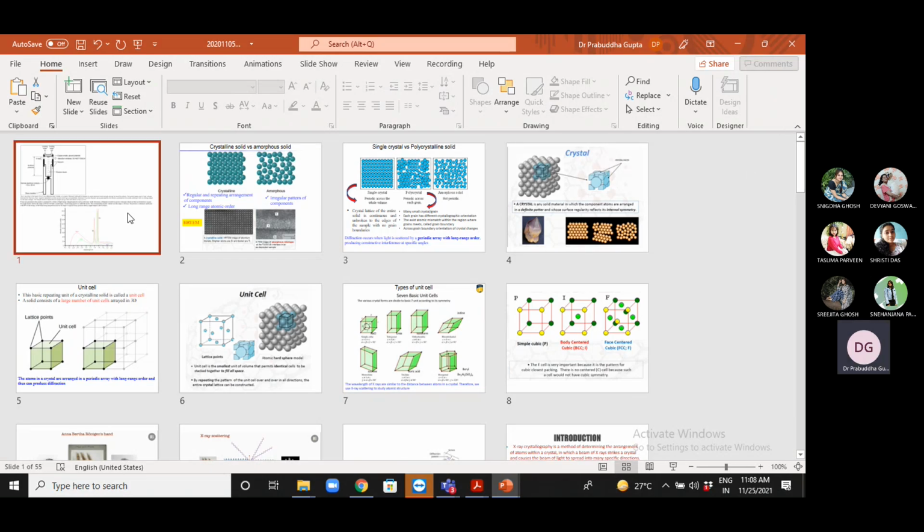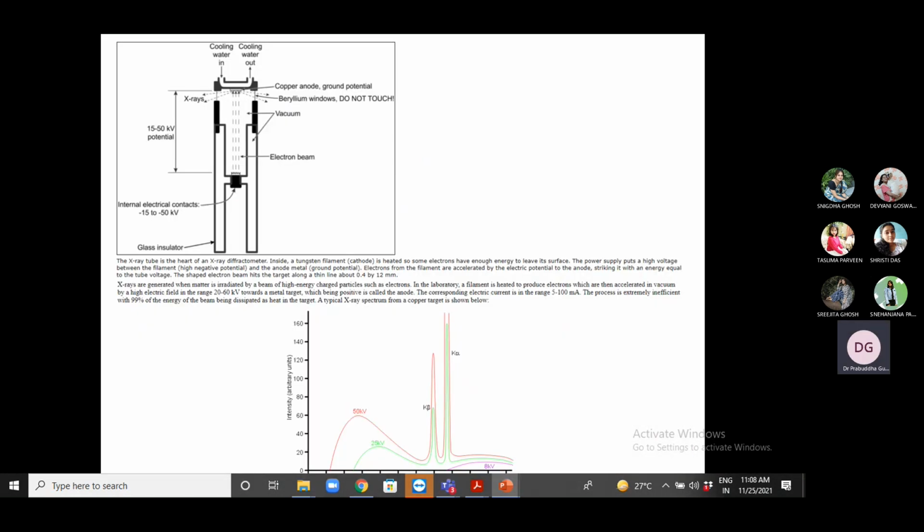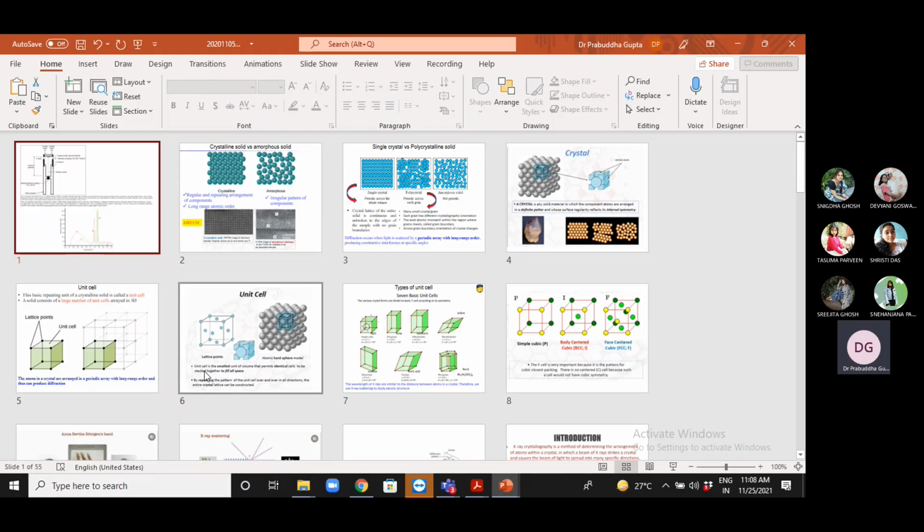So first of all, for X-ray crystallography, you need X-ray, and I don't want this stupid bar to come at the bottom. How to get rid of it? I think we can't get rid of it. Only thing, we have to make the slide visible in such a way that, escape.